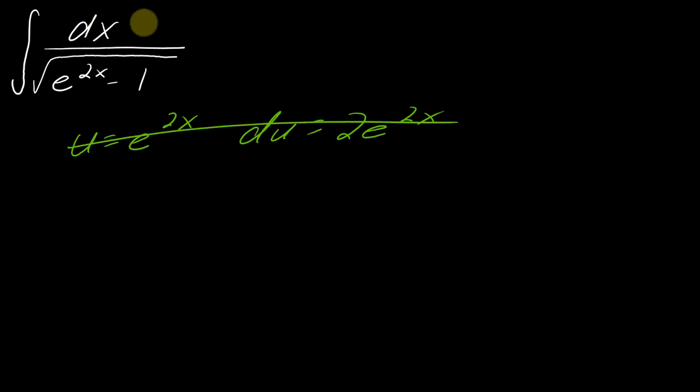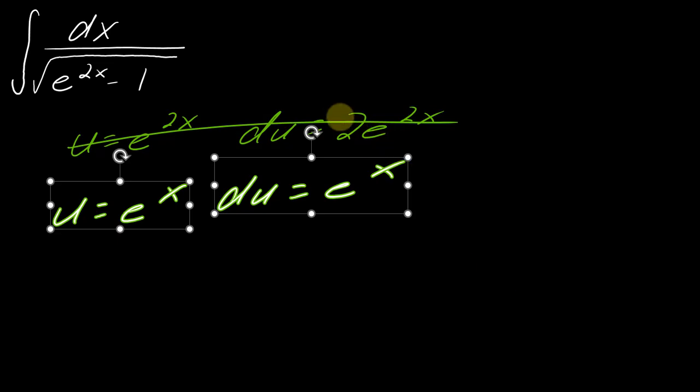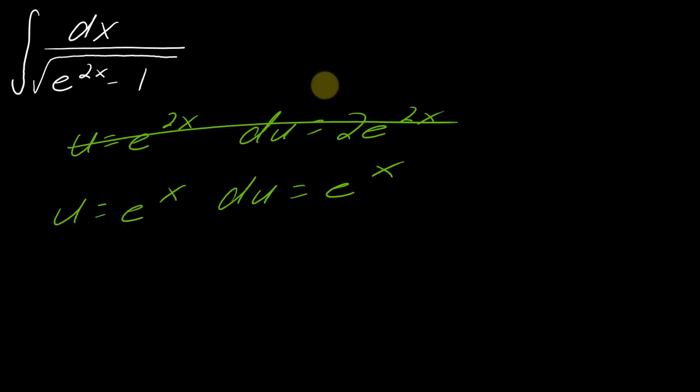And then just making this e to the 2x won't work because I don't have another e to the x in the problem. So you know that you have to be clever if you're out of ideas for substitution. So let me get rid of all this.